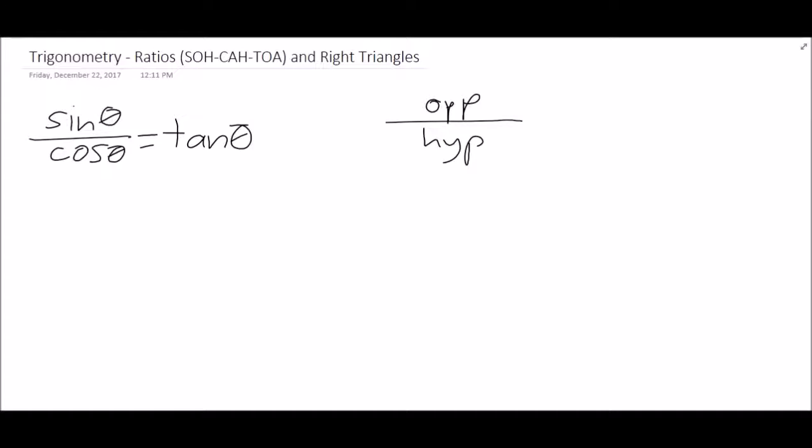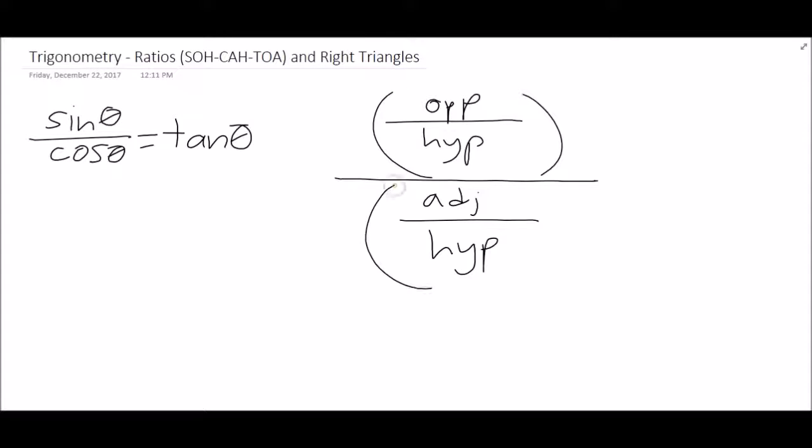And we know that cosine theta is adjacent over hypotenuse. So if we're dividing these, sine theta divided by cosine theta, since they're fractions, all we're going to do is take the first one and multiply it by the reciprocal of the second one. And what does reciprocal mean? Reciprocal is nothing more than just flipping the numerator and the denominator.